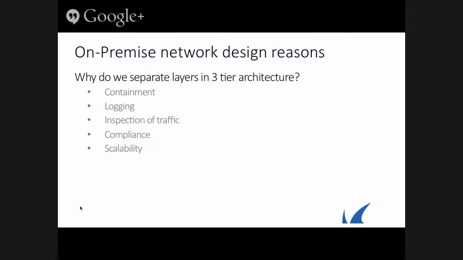Compliance, a bit less in Europe, a lot more in US, where you need to be compliant with regulation XYZ, which says you need to have firewalls in place. And scalability, to make it more elastic. Now, scalability is one of the things that Azure is good at. So maybe there is a chance we can move that along.